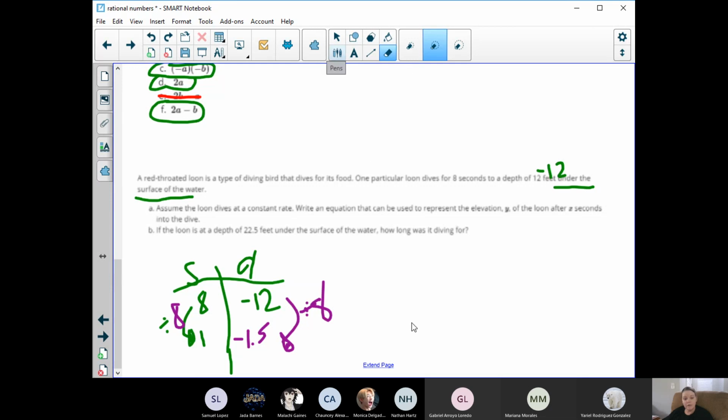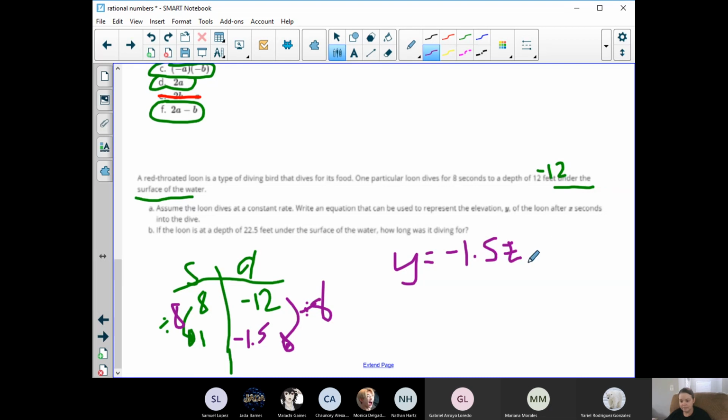Okay, so we're going to do Y, which is how far, equals negative 1.5 Z. Okay, so how far if it goes 1.5 feet below in Z seconds? So that's what this means. This is depth, how far in Z. All right, so here is our answer for A.